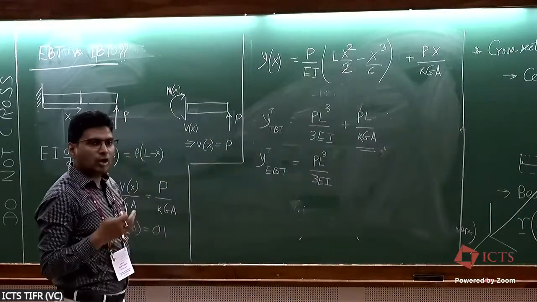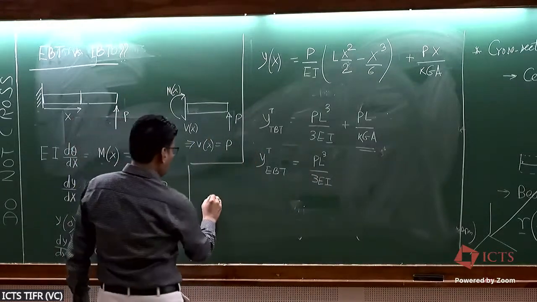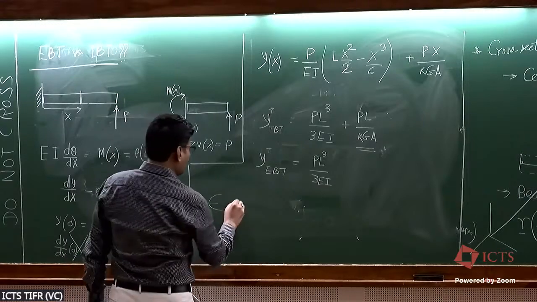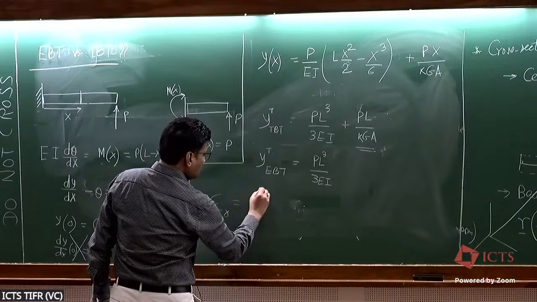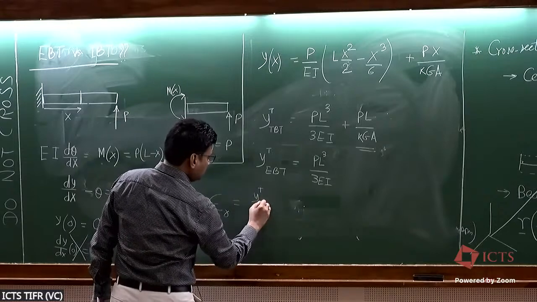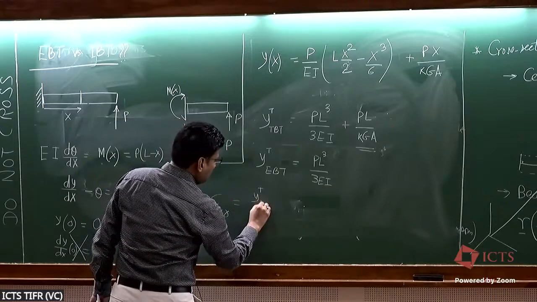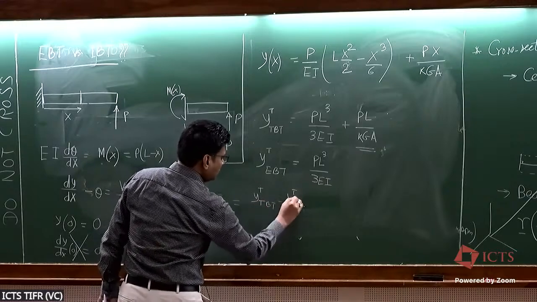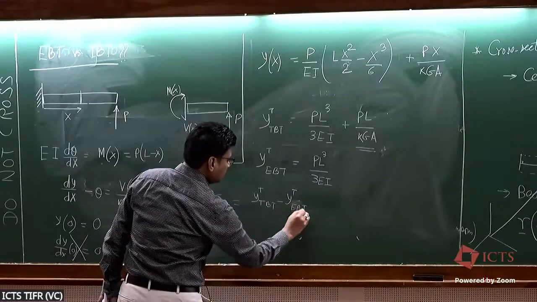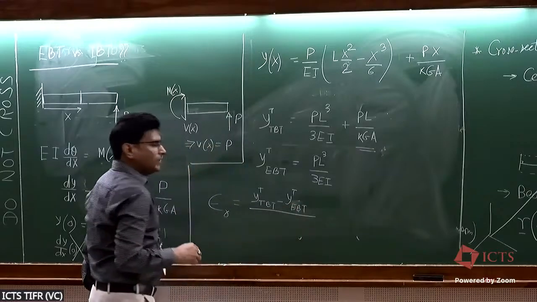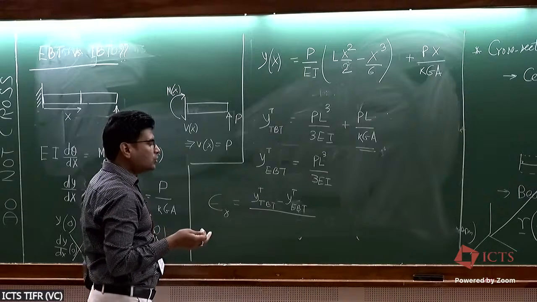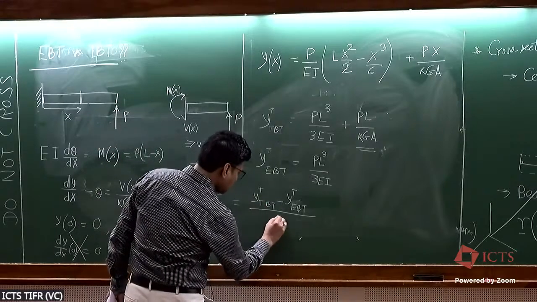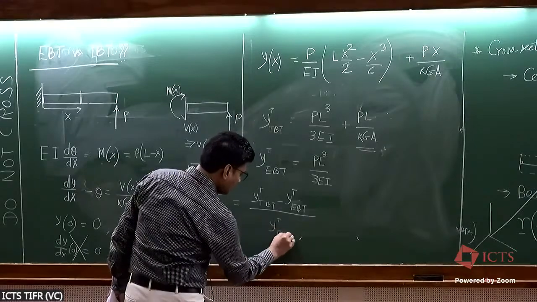Then one can ask how much is the error. So the error, let's say relative error, that's going to be y tip TBT minus y tip EBT divided by, we would say that the Timoshenko beam model is more accurate, so let's divide by the Timoshenko beam model deflection.